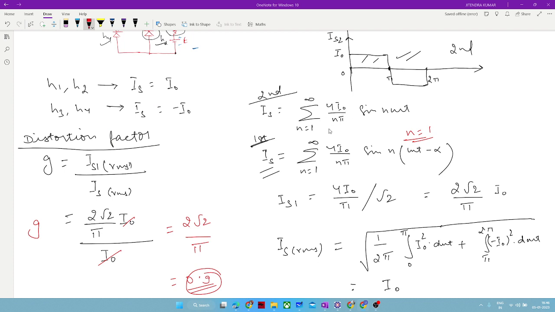And this Fourier series expression is nothing but your instantaneous value at any point of time. Basically, the fundamental component will be higher. If you take n equal to 1, you will have 4 I naught by pi, right? So your 4 I naught by pi is only the peak current.